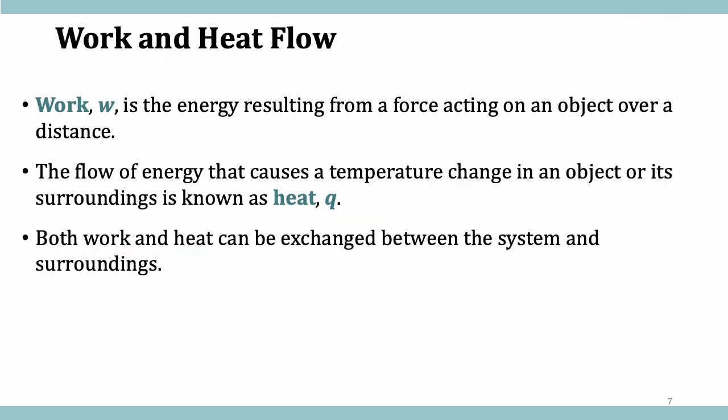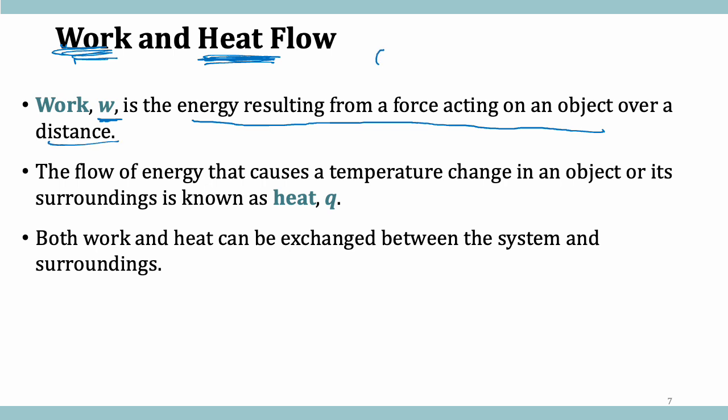Now another terminology that we should understand is work and heat. Whenever energy exchange occurs between system and surroundings, it occurs in 2 ways. Either heat is transferred between the 2, or work is done between the 2. What is work? Work is given by the letter W. It is the energy resulting from force acting on an object over a distance.